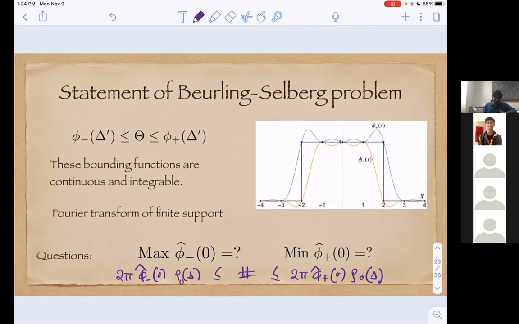So basically there is a similarity between these problems. For optimality, for the best bound, I want to maximize this phi minus hat 0, and I want to minimize this phi plus hat 0. Beurling and Selberg solved this problem, so we can go through the solution and mimic the same process in the CFT.